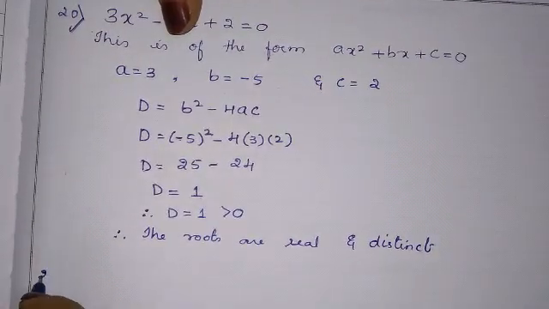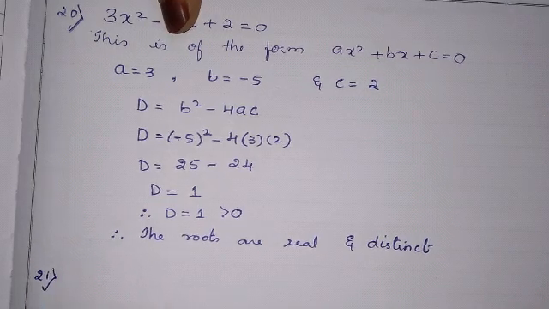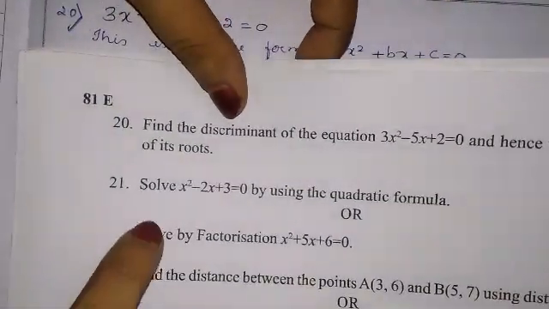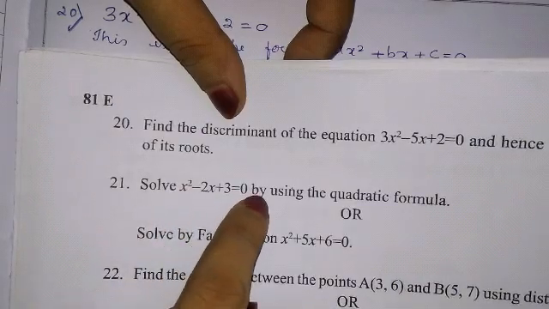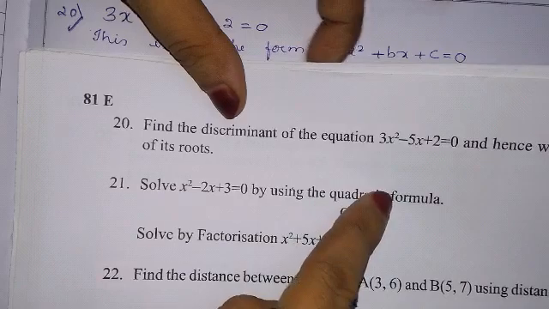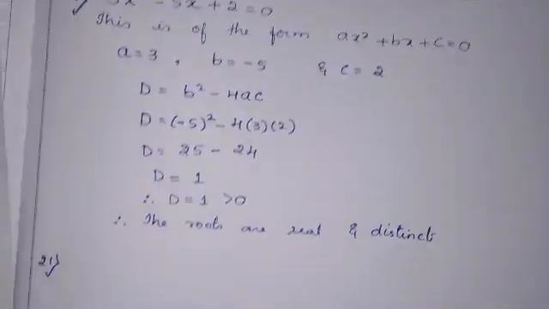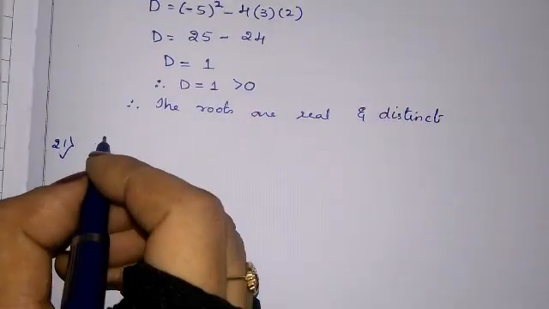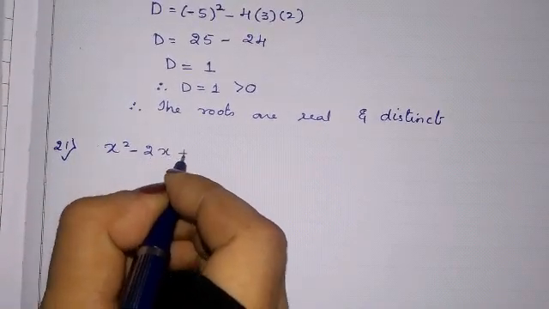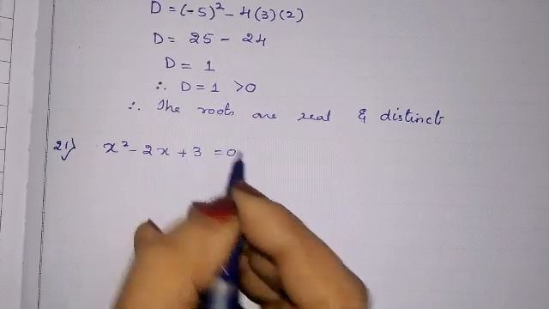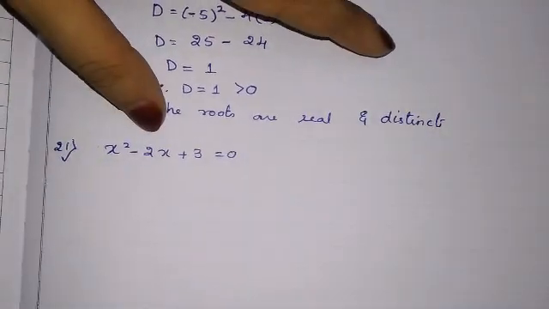Now let us see question number 21. Solve x square minus 2x plus 3 equal to 0 by using quadratic formula.